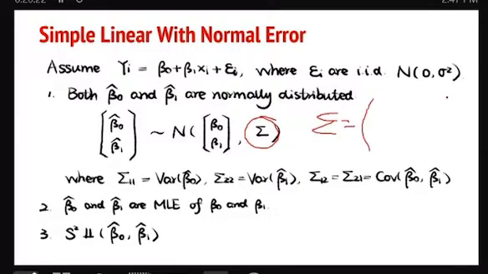For two estimators, it's going to be 2 by 2, where on the diagonal I'm going to have the variance of beta naught cap right here, and here the variance of beta 1 cap.